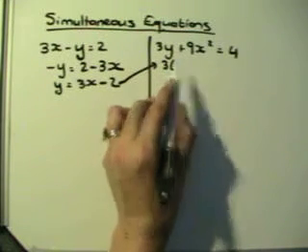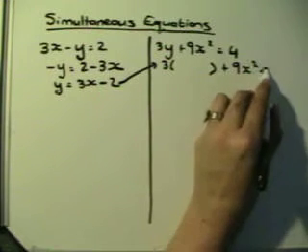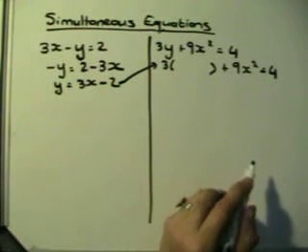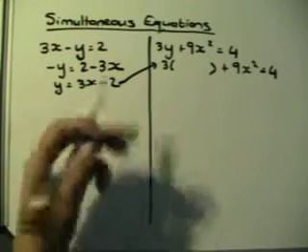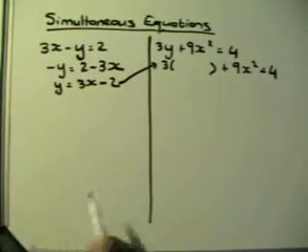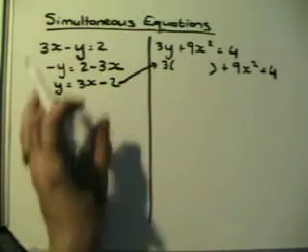So I have 3y plus 9x squared is equal to 4. I will do quite a few examples so that you can see the procedure over and over again and see how I adapt it for different things. But the procedure stays the same.